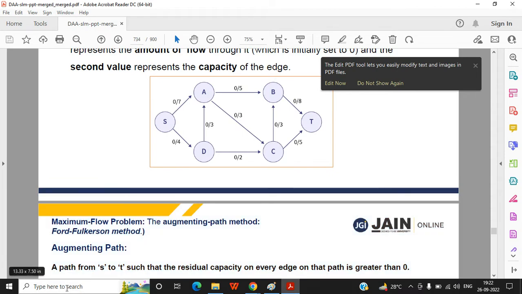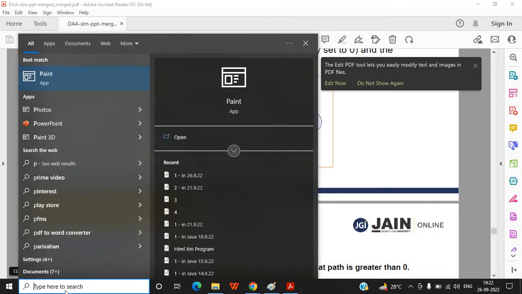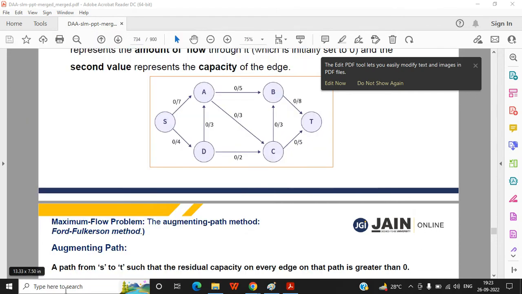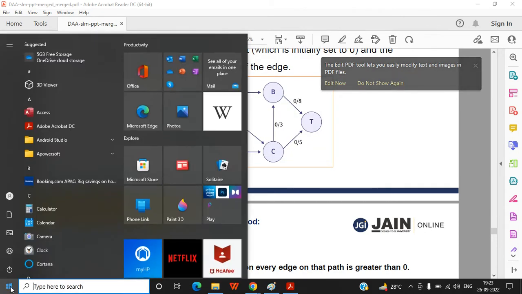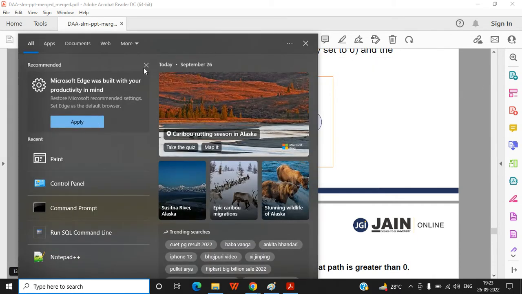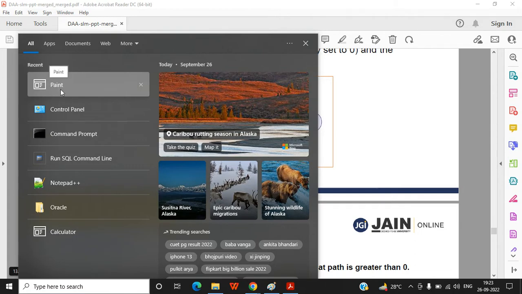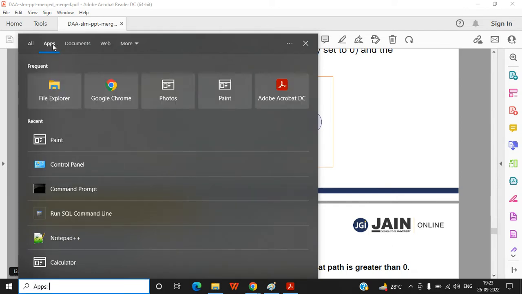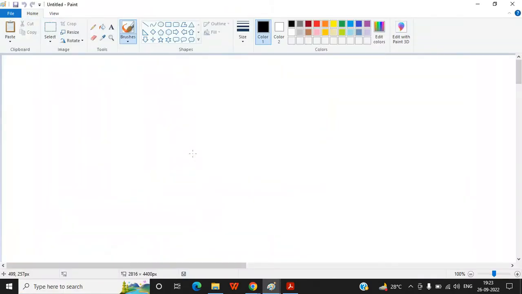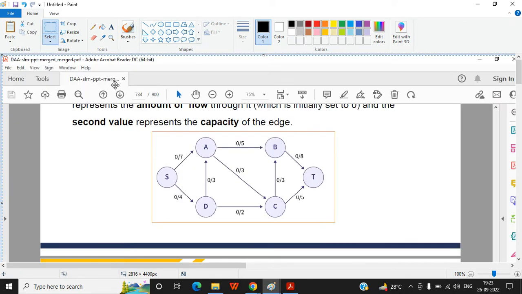Where is the pinned partition? Sometimes it is very irritating for me to handle these Windows 11 and 10. They have done so many unwanted additions.